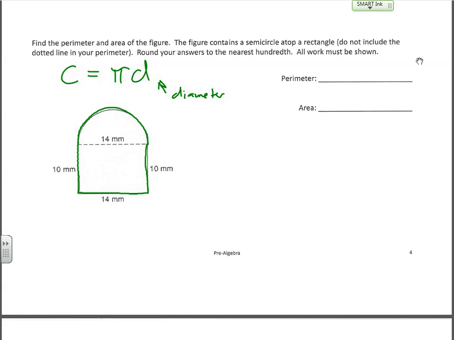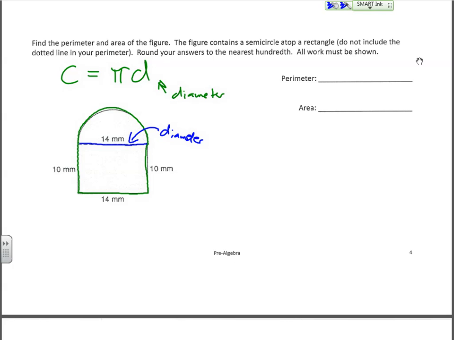So that dotted line that I said wasn't a side of the figure, but we would use it, that dotted line represents the diameter of that half circle. So if we use this pi times d, that's going to give us the circumference of a whole circle.